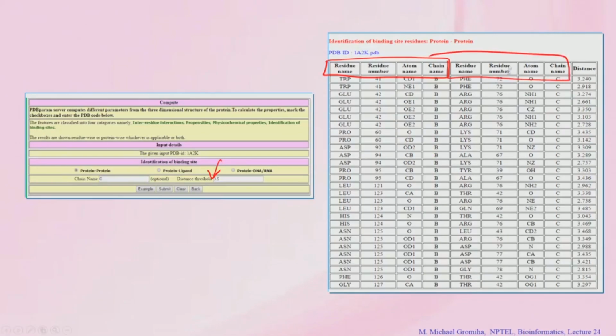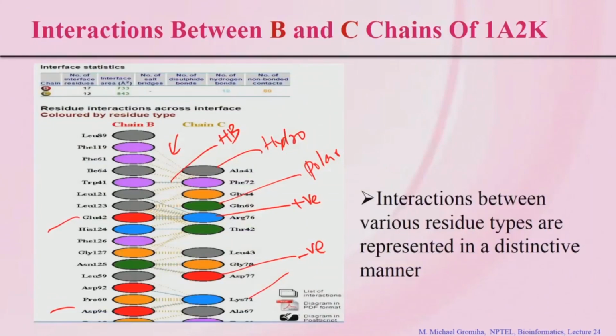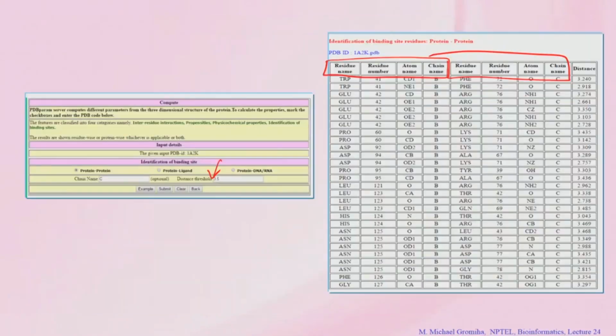So, phenylalanine 72, chain C, having a distance of 3.2 angstrom, the same 1A2K. The tryptophan and phenylalanine are within a distance of 3.2 angstrom, so they are having interactions. The same information you can also get from PDBsum, they are making hydrophobic contacts, fine.